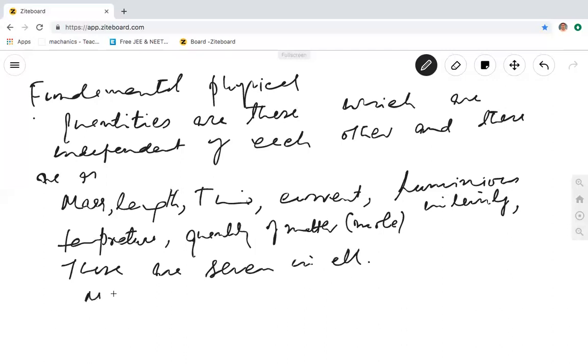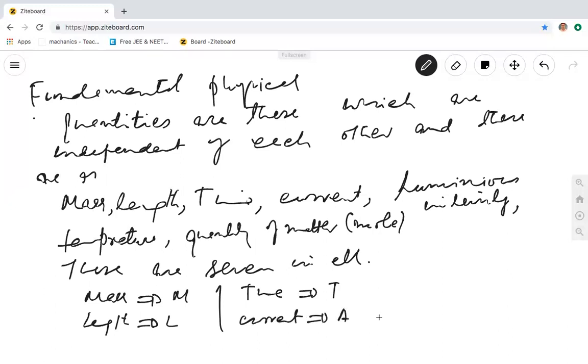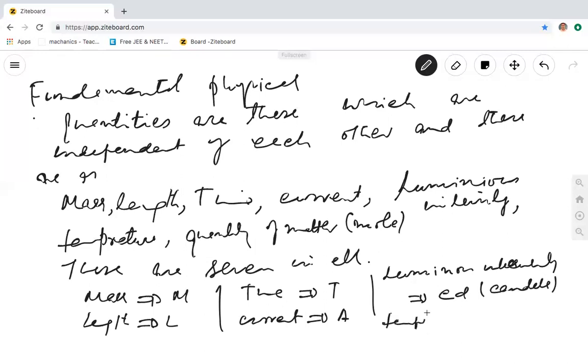Now you see, for mass we write m, and length we write as L, and then time we write as T, and current we write as A, ampere, and luminous intensity we write as cd, candela, and then temperature we write as Kelvin, quantity of matter we write as mole.